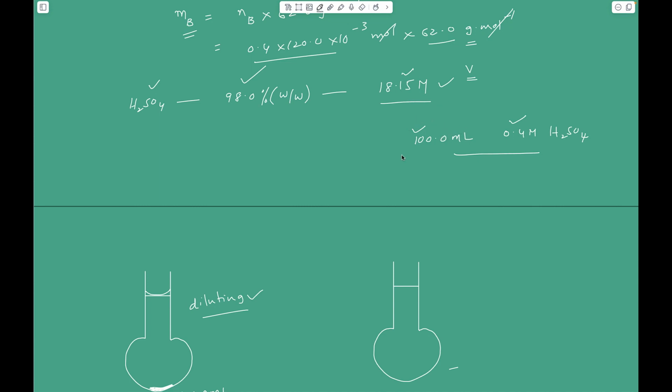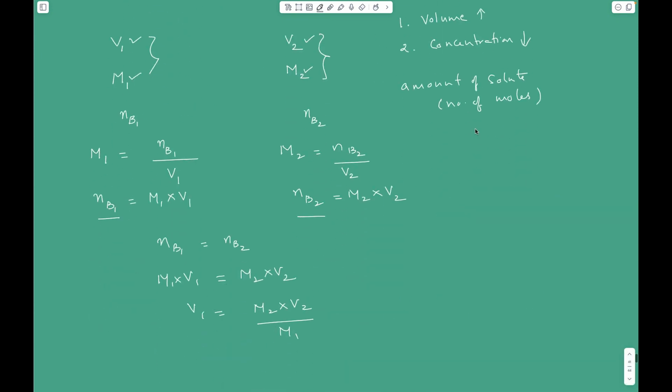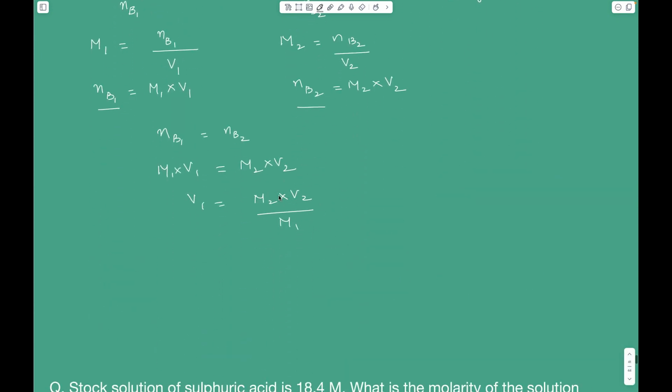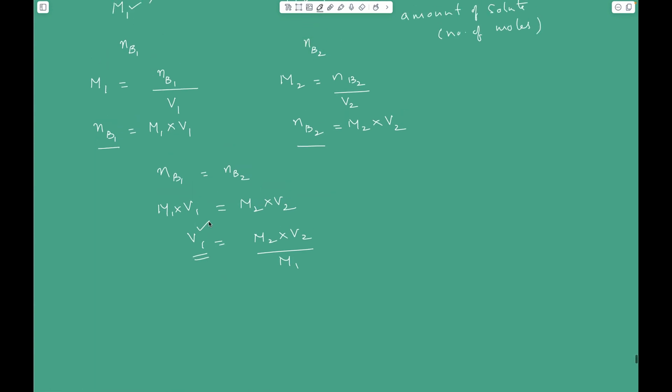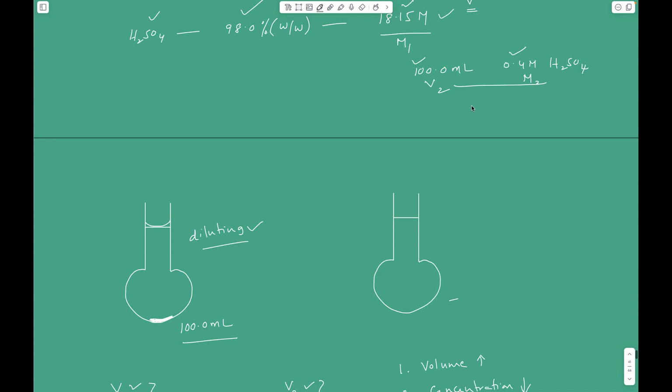We know the volume of the dilute solution that we are preparing, that is V2, and we also know the molarity of the dilute solution that we are preparing. So we know M1, we know V2, we know M2. By putting those values here, we can calculate on paper the volume of the stock solution required to prepare the desired solution.